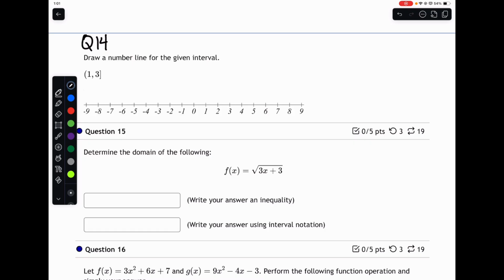Using the tools available on the actual review online, you would first draw your segment from 1 to 3, and then put the appropriate endpoints on each end. Because we're not including 1, we would put the open circle on this end and the closed circle on the right end.